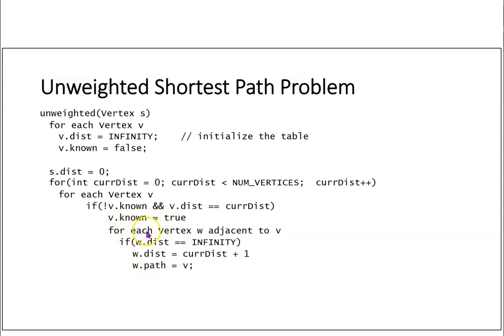And for each vertex adjacent to V, if its distance is not set, we then set that distance to our current distance plus 1 because we know it's one further. And then we set the path to V so we know where we came from.